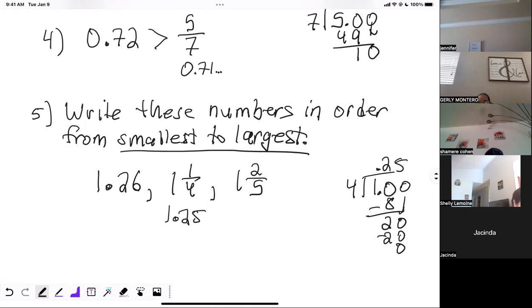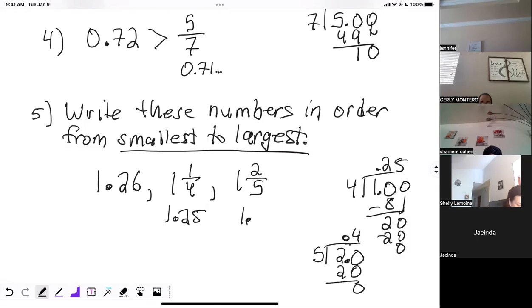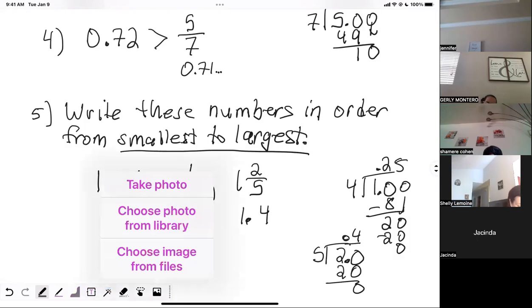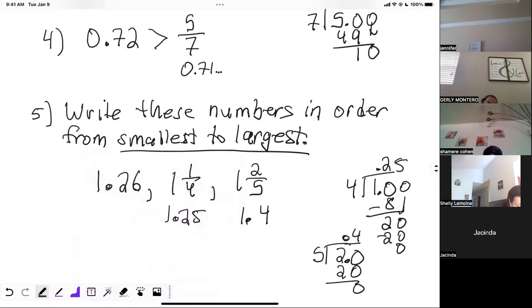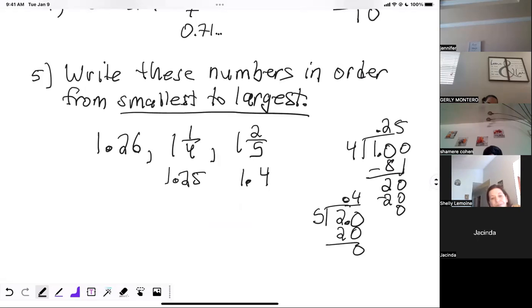And then the next one, 1 point, what's 2/5? Let's see, 2 divided by 5 is going to be 0.4. So it's 1.4. So we have 1.26, whoops, sorry, 1.25 and 1.4, smallest to largest. Which one's the smallest? Well, that would be this one, which you write as the original problem.